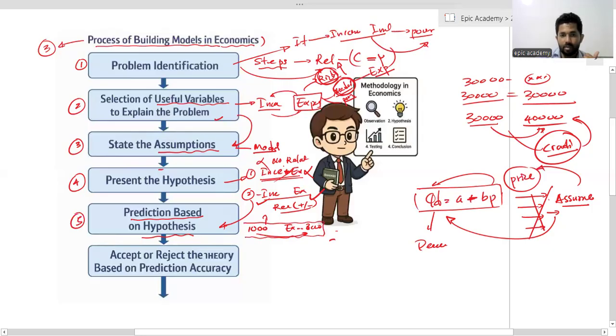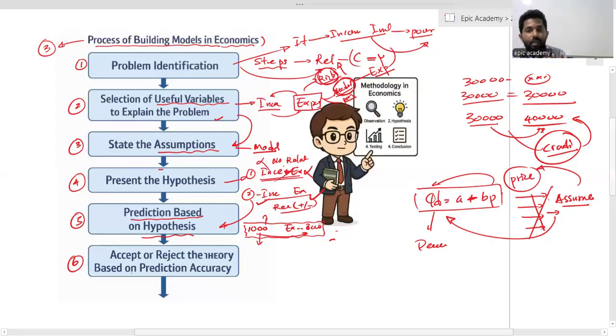Now you can predict it. If income is reduced by 1,000 rupees, expenditure also will be reduced by this amount. That's a prediction. In a practical manner, it will be okay. Whether it will be actual or not, no need to worry about that one. Just consider the hypothesis and predict based on that hypothesis. That is enough.